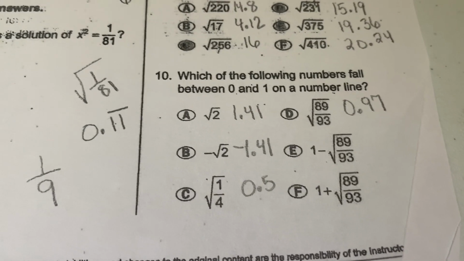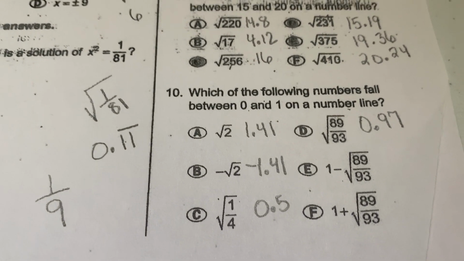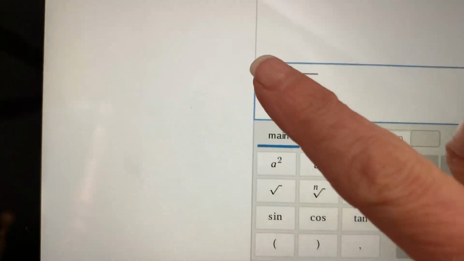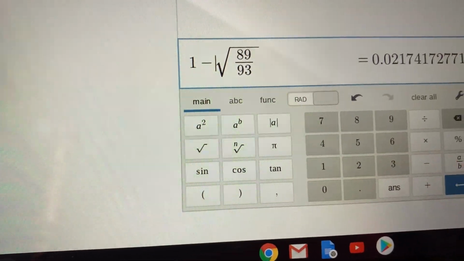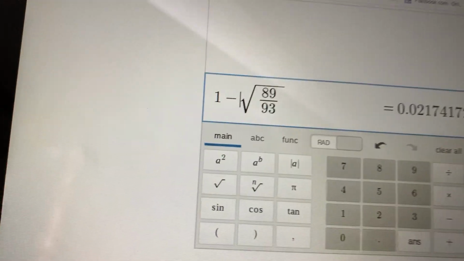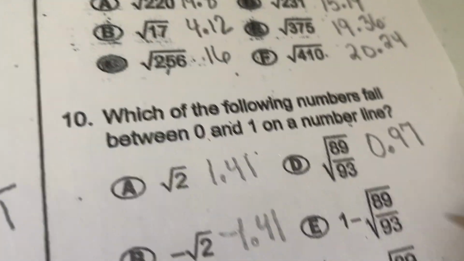All right, so the next one, we get 1 minus the square root of 89 divided by 93. So I'm just going to go back up here, click in front, and add in the 1 minus. And now I have 0.02.